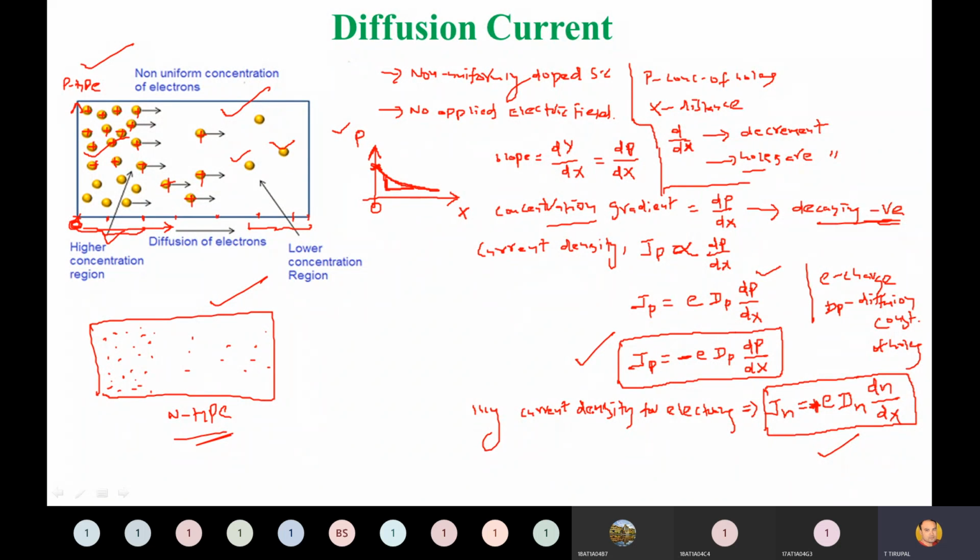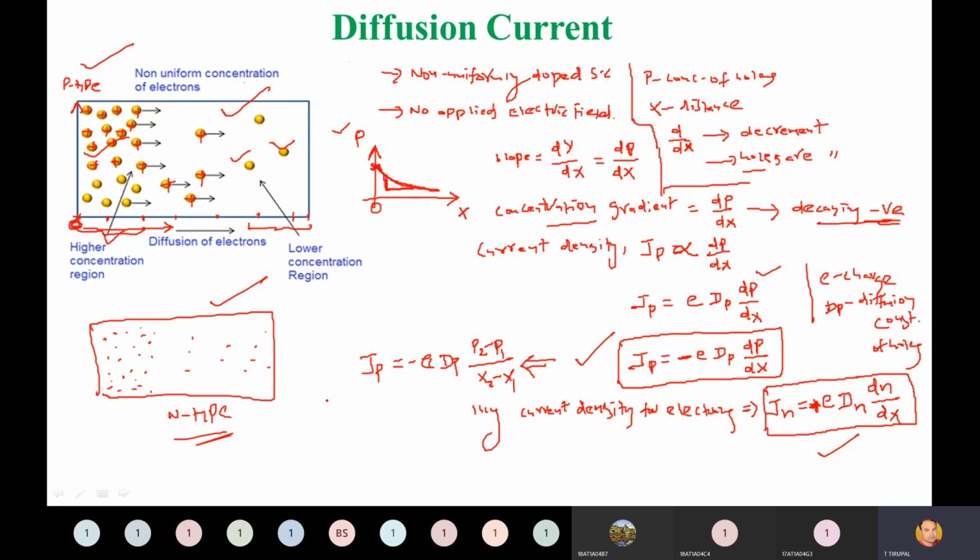Okay. Or you can write the other formulas also like this. Most probably in the GATE exam they will ask like this. Jp is equal to minus e dp into dp by dx, which can be written as p2 minus p1 divided by x2 minus x1.